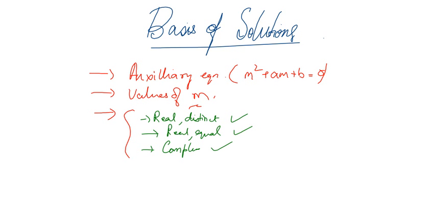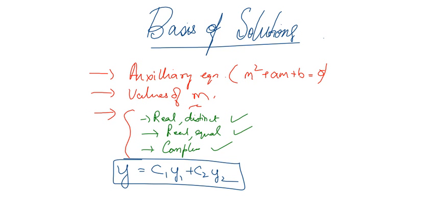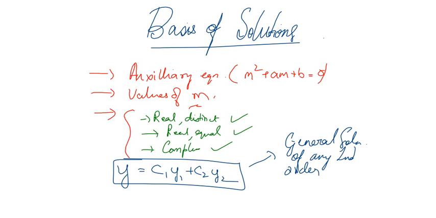As I've told you in the last video, to very comprehensively sum it up, we know that y is equal to c1 y1 plus c2 y2. It is the general solution of any second order differential equation.